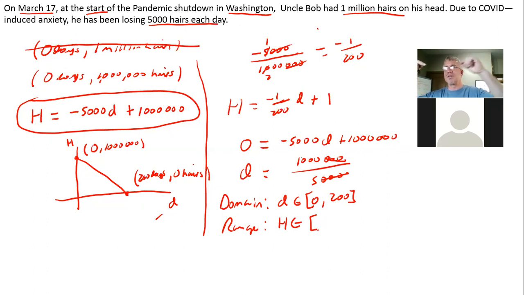Not your ascending order when you're doing intervals. So even though 0 paired with a million, I don't get to put the million first. I put the 0 hairs first, and then the 1 million hairs. There's my range.